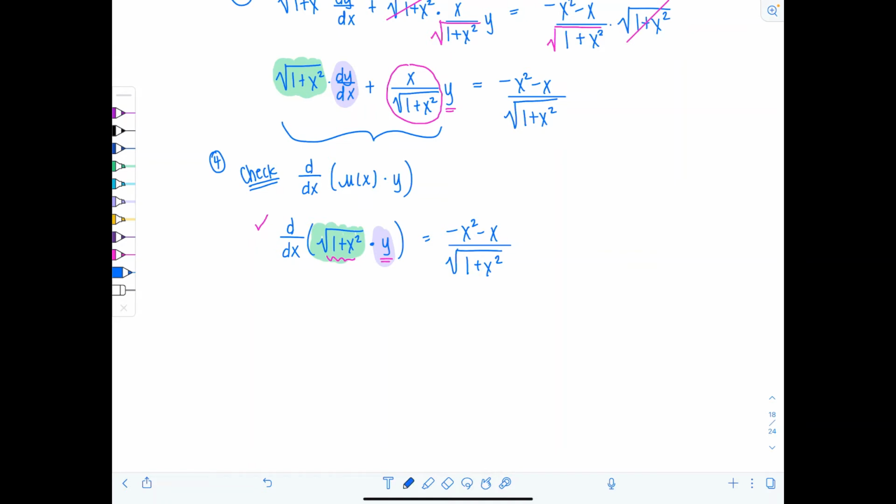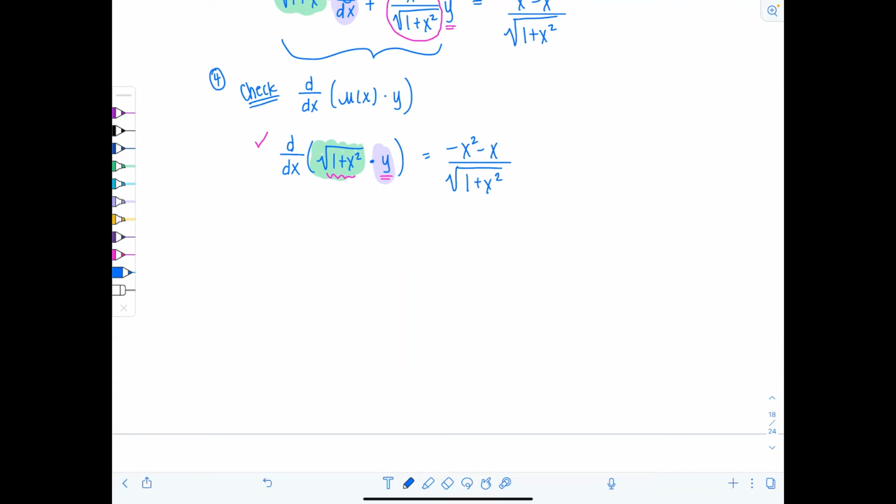Okay, step 5. We will integrate now. So we have on the left-hand side, the derivative with respect to x of rad 1 plus x squared times y. I'm integrating this with respect to x. And then that equals, same thing, integrate on the right-hand side, negative x squared minus x over radical 1 plus x squared dx.